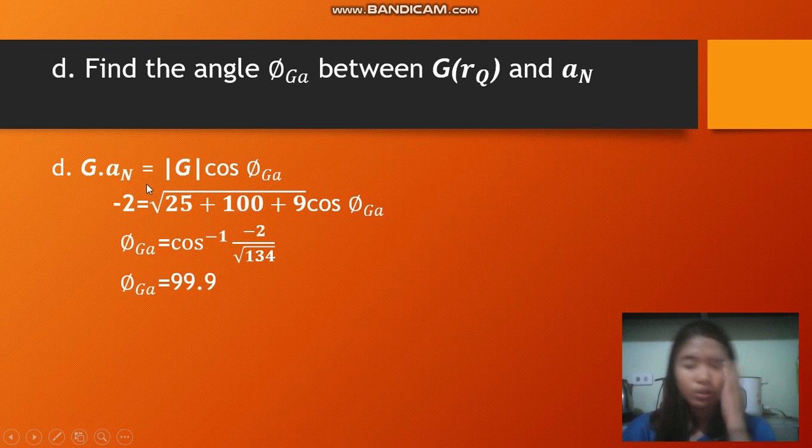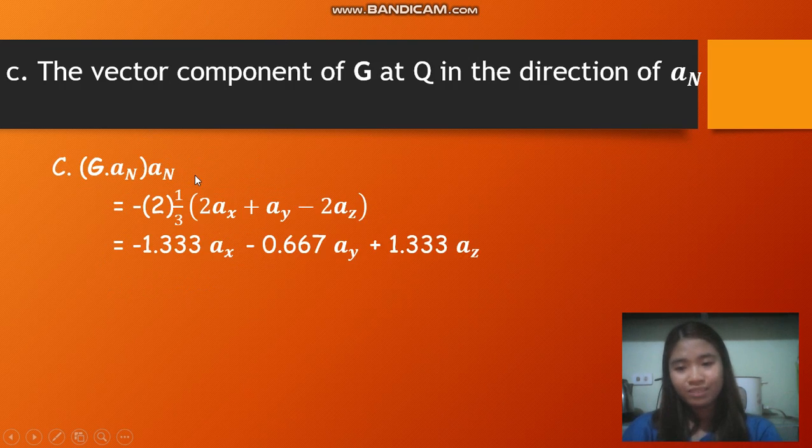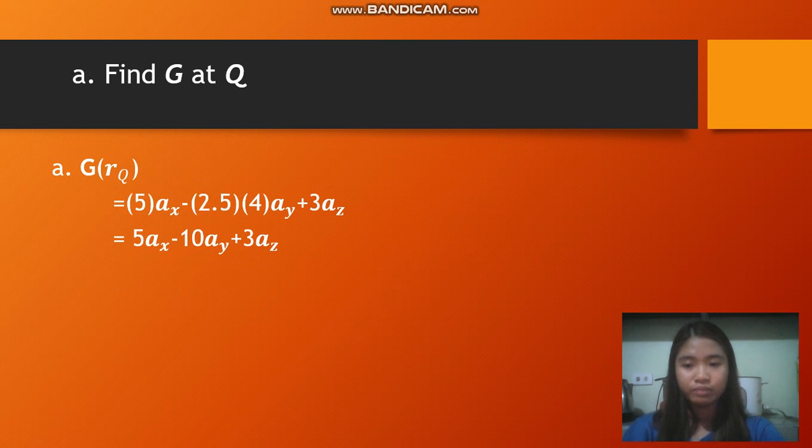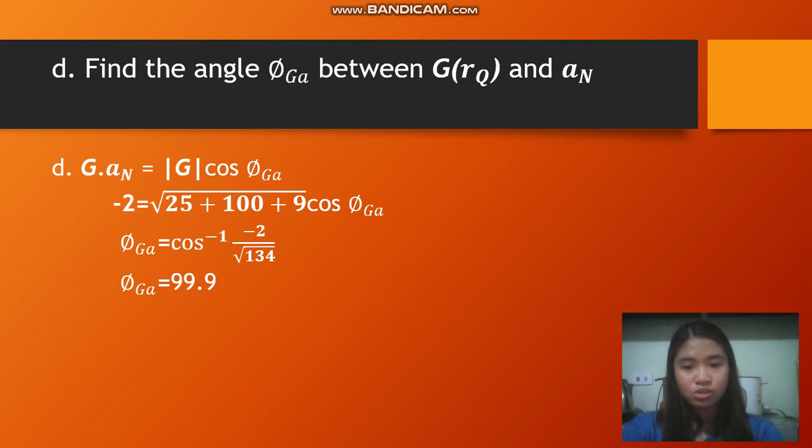Nakuha natin kanina yung sagot na negative 2 dahil G dot a sub n is negative 2. I-equate natin sa magnitude naman ng G. Yung value kanina ng G sa number 1 is 5a sub x minus 10a sub y plus 3a sub z. I-square lang natin, square root, tapos i-square. Ganun ang formula ng magnitude.